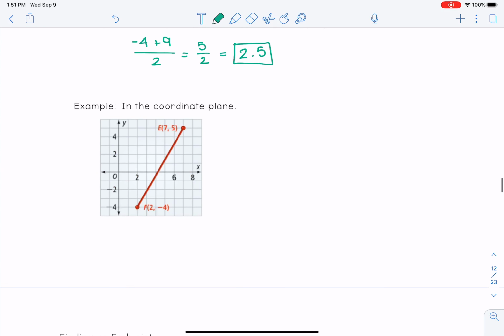For the coordinate plane, we're going to average the x values and average the y values. And that's going to give us our new point. So the average x value and the average y value.